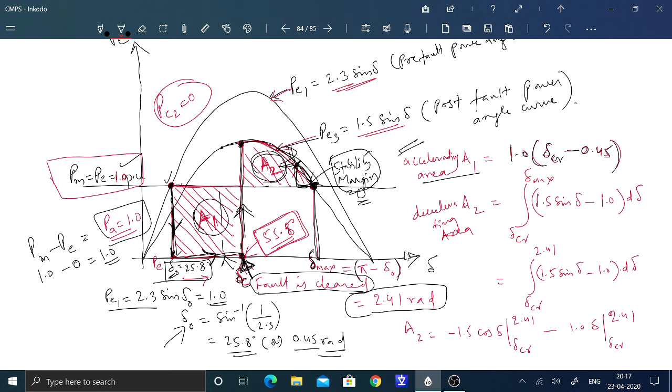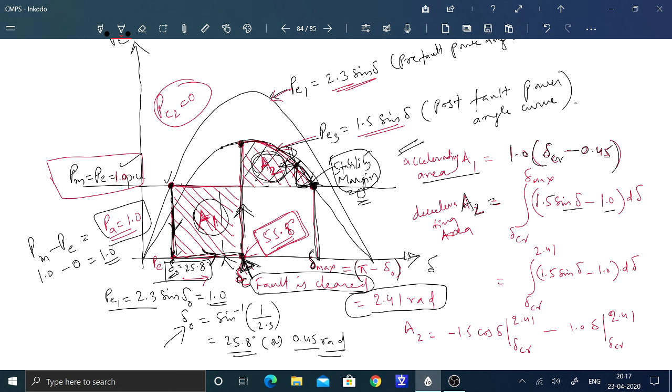This is delta CR and this is 0.45. And the decelerating area A2 is equal to the integral, this is the decelerating area, from delta CR to delta maximum of 1.5 sine delta minus 1 into d delta.